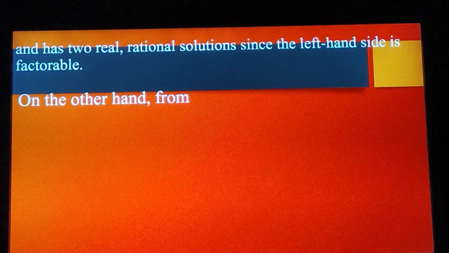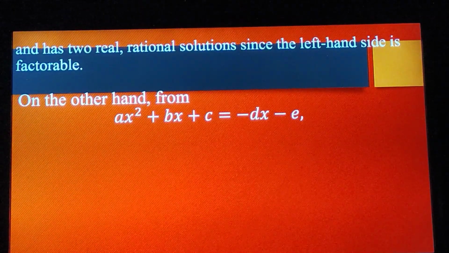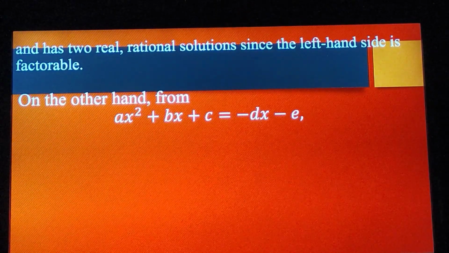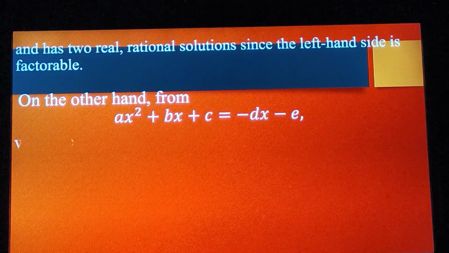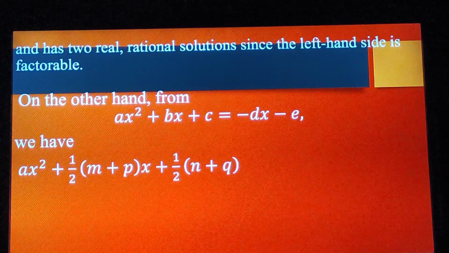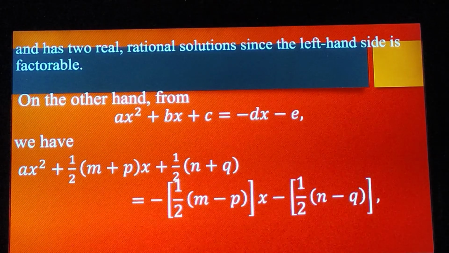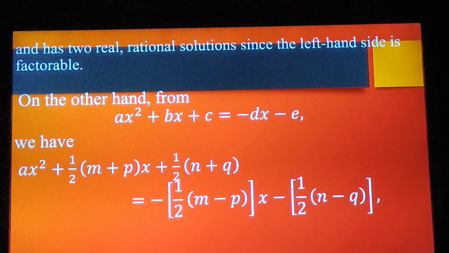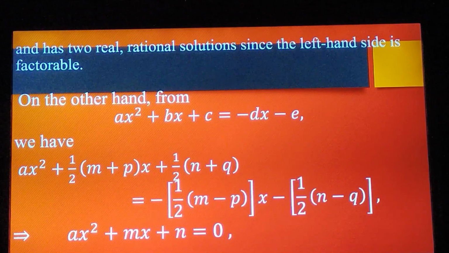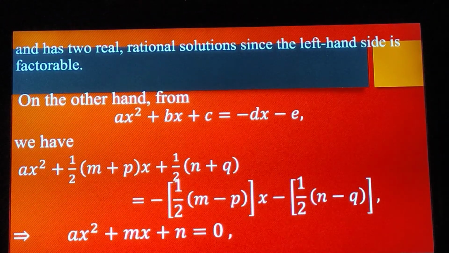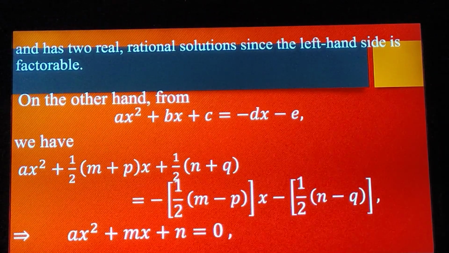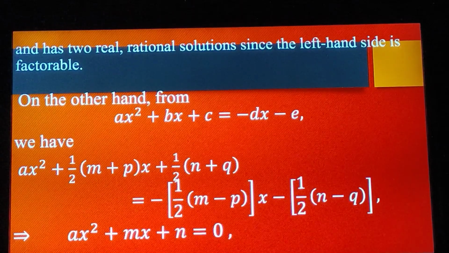On the other hand, from ax squared plus bx plus c equals negative dx minus e, we have this expression on the left side and this expression on the right hand side, and the whole thing simplifies to ax squared plus mx plus n equals 0.